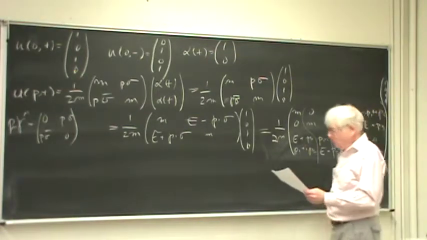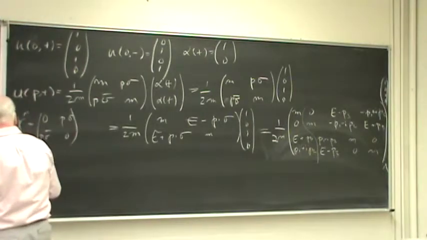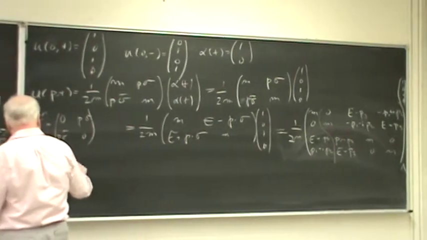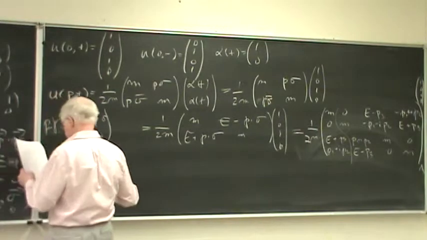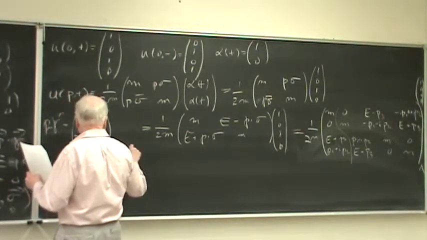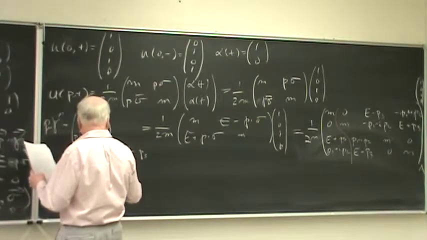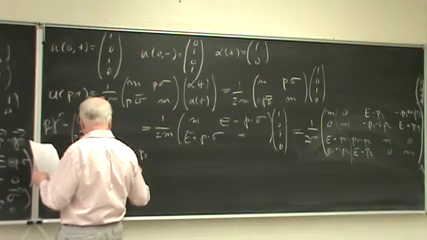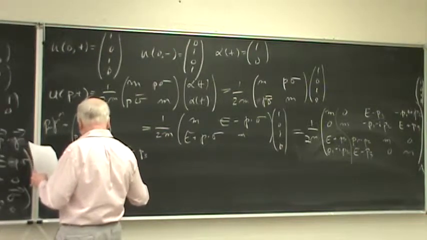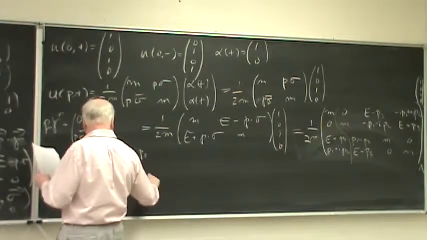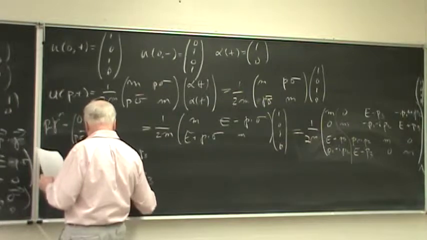All right. When you multiply that out, what you get is u(p,+) is 1 over 2m, m plus E minus p3, minus p1 minus i p2, m plus E plus p3, p1 minus i plus i p2.